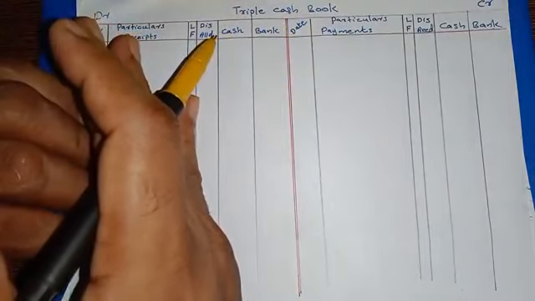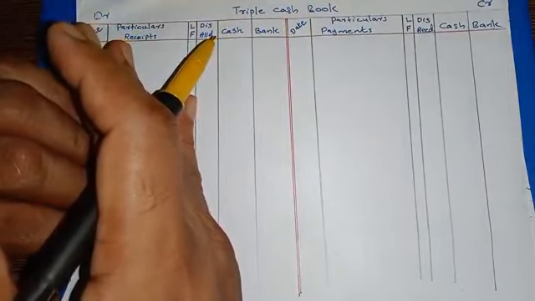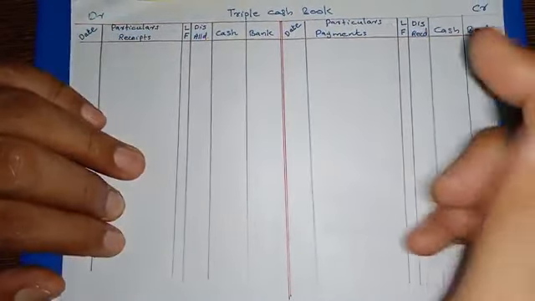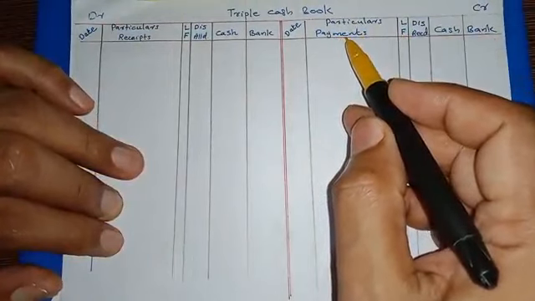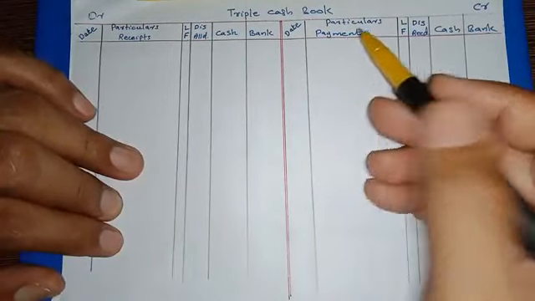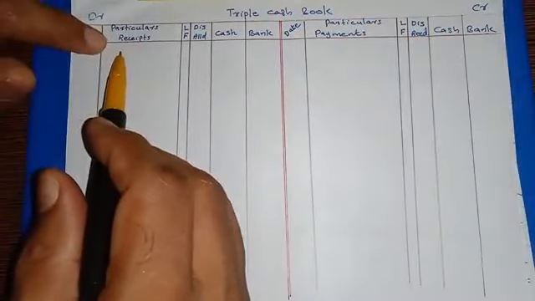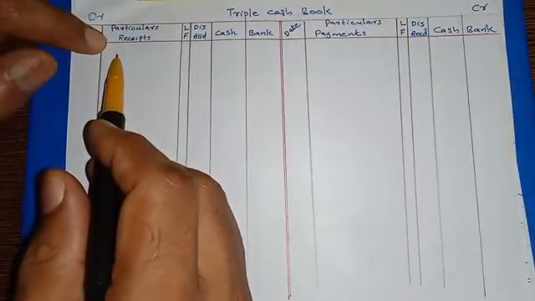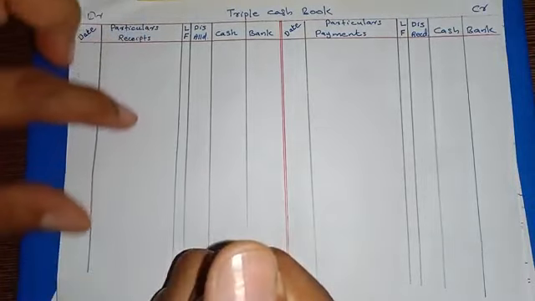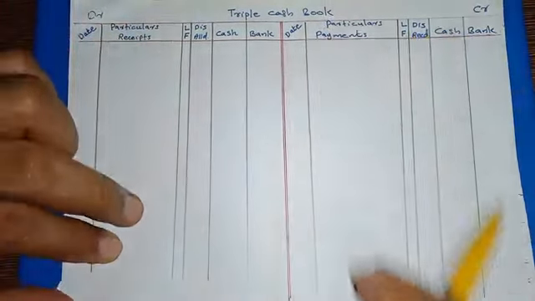And when any cash is decreasing in the office or in our bank account, then we take that transaction on this side. That is why it is written payment here. We know when we are making any payment, the cash balance will decrease. And when we are receiving more cash, or cash in our bank account, our bank balance or cash balance will increase. That is why this will be the increasing side and this will be the decreasing side.